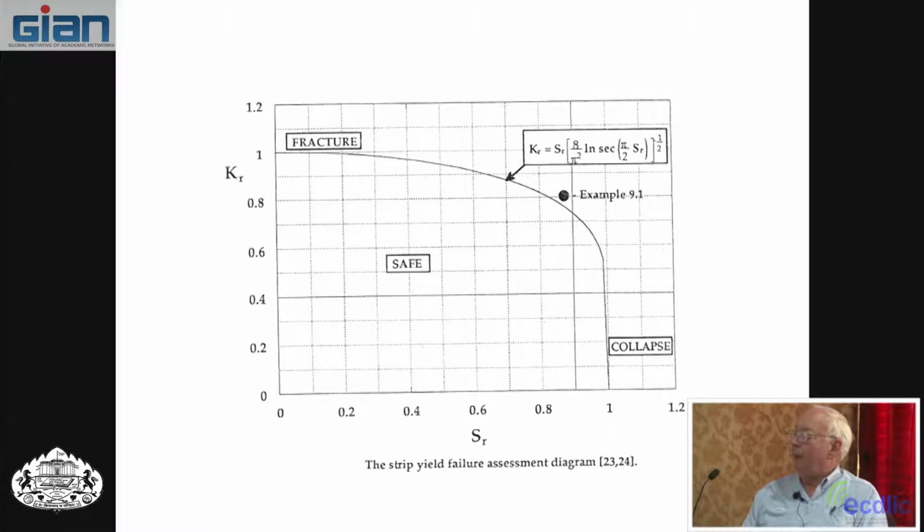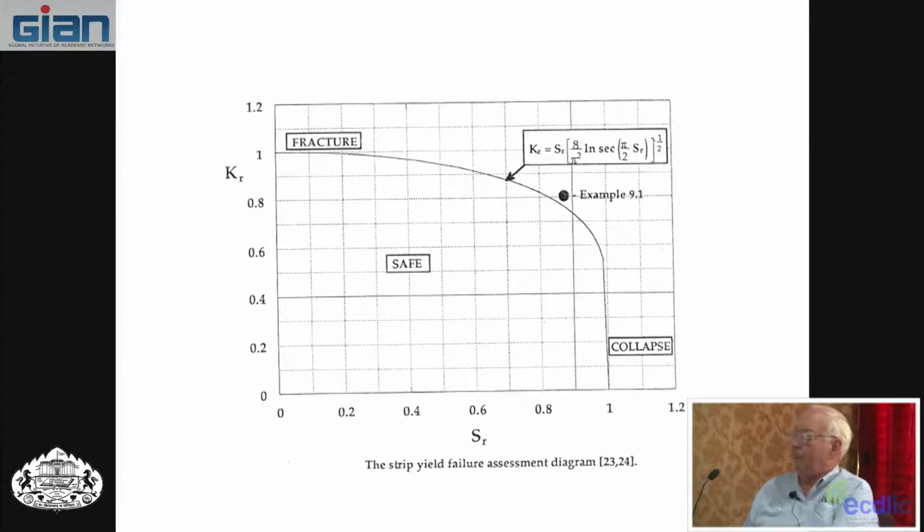Might point out that one of the things people liked about these kinds of diagrams is they want to know how safe. If you get a point inside and you say, well, we're safe, now what's the safety factor on that?